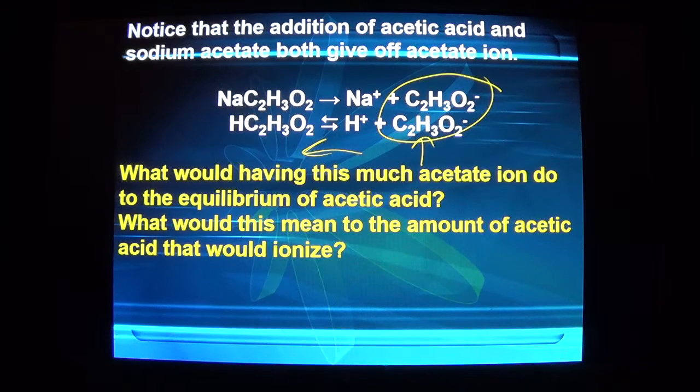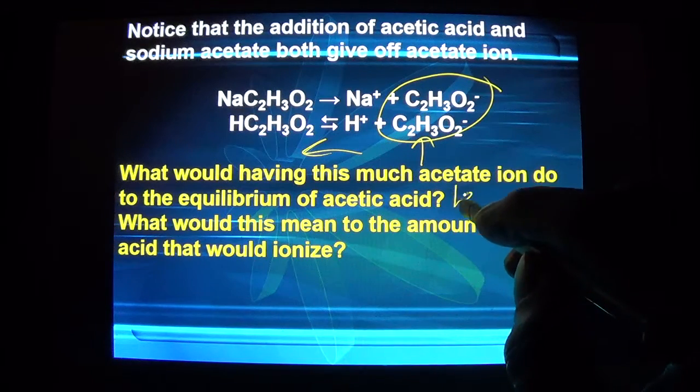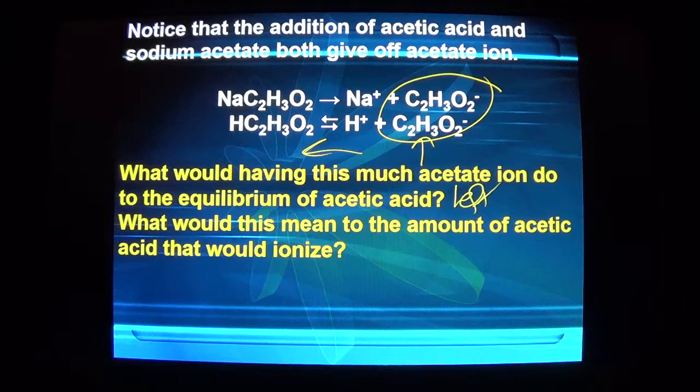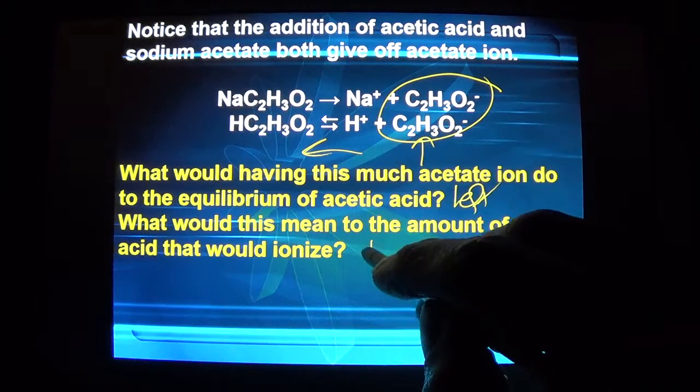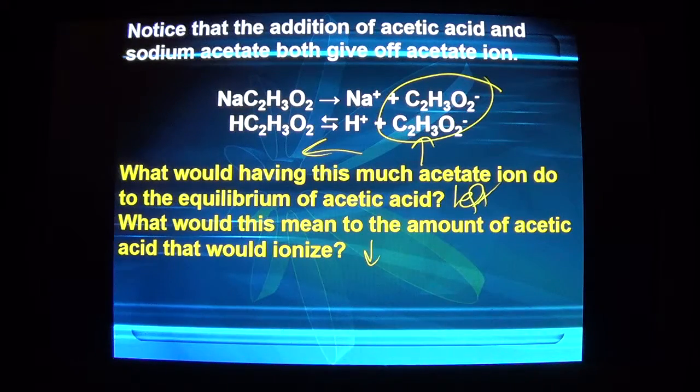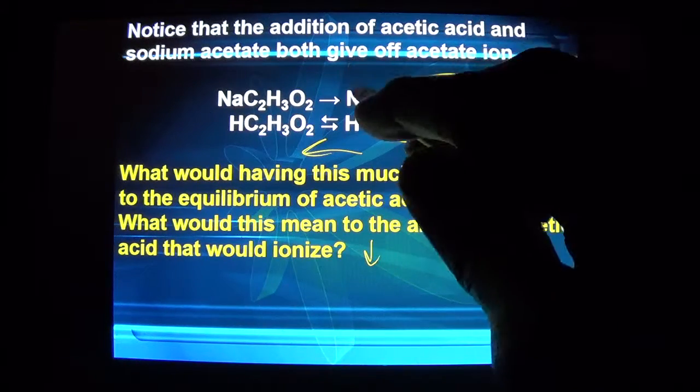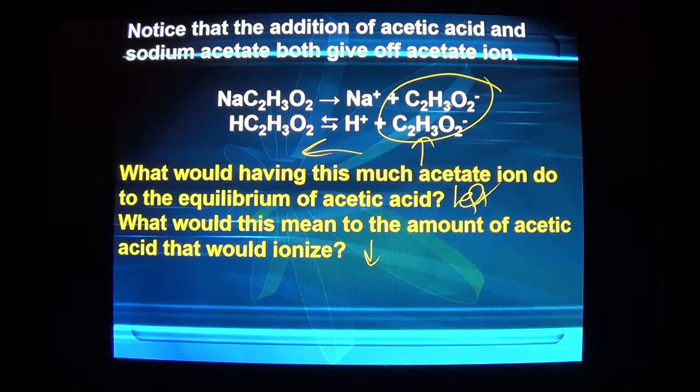Okay. So it shifts the equilibrium to the left, and that means the amount of acetic acid that ionizes would decrease. So if we're expecting it to ionize, say, 4%, and I add then in my sodium acetate, I would expect less of it to ionize, maybe 2%.